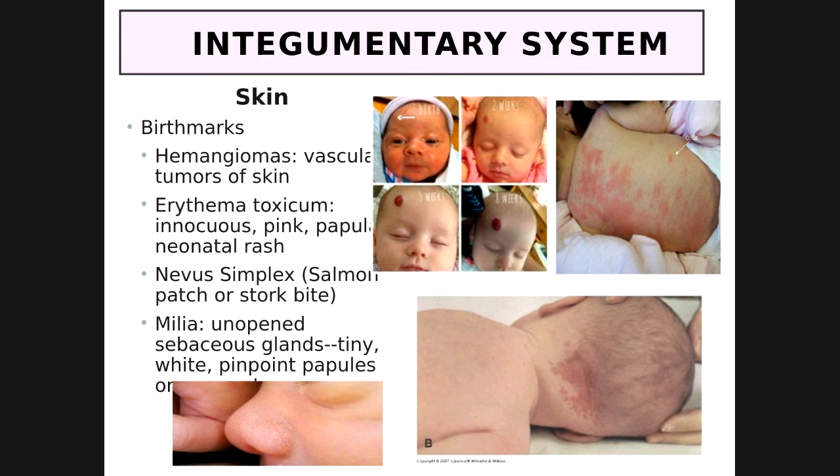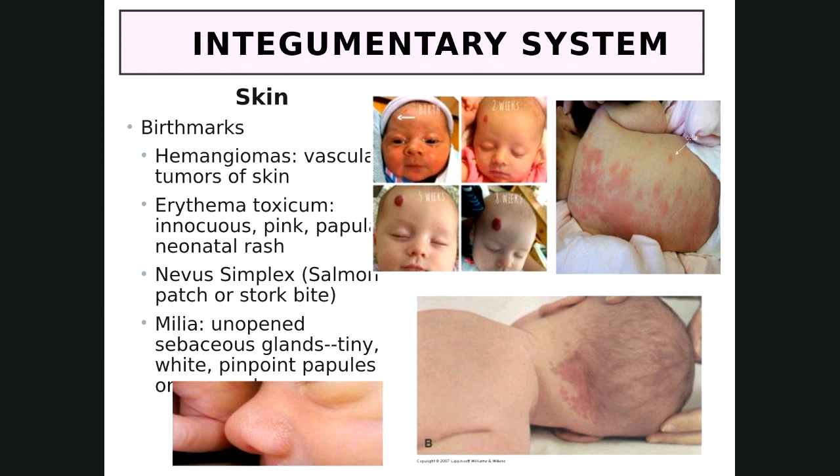Erythema toxicum is your newborn rash, and it starts to develop most starkly obvious at 2 weeks of life. And this, unfortunately, is right when you are taking baby pictures and want to share them with everyone.